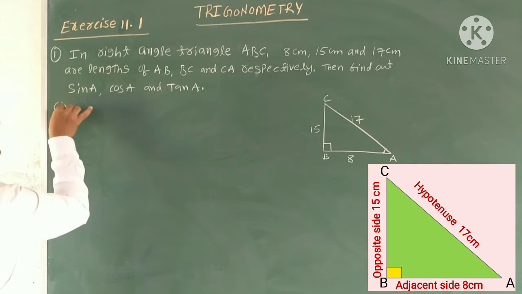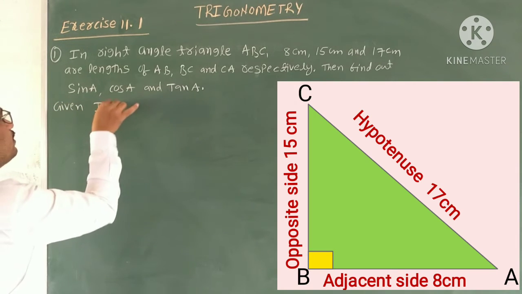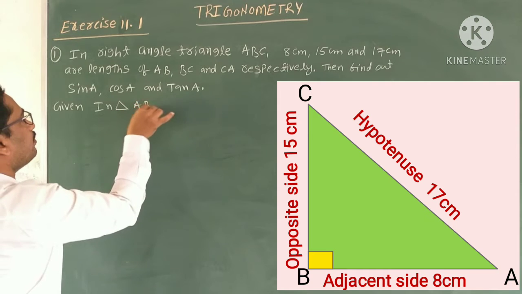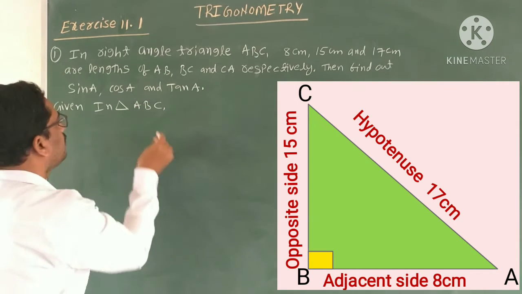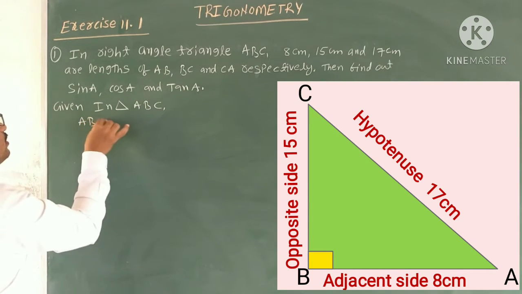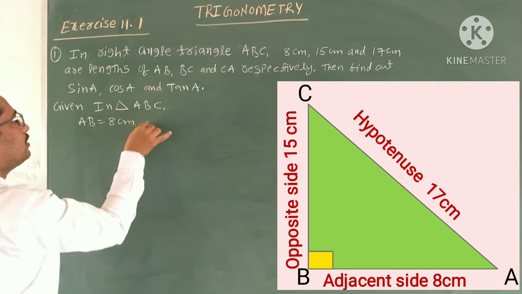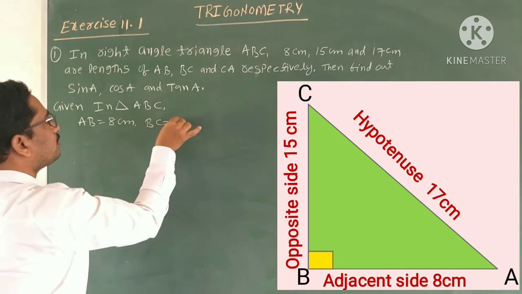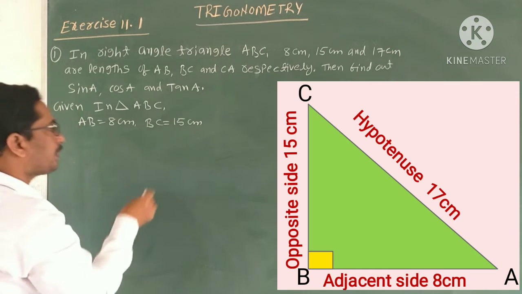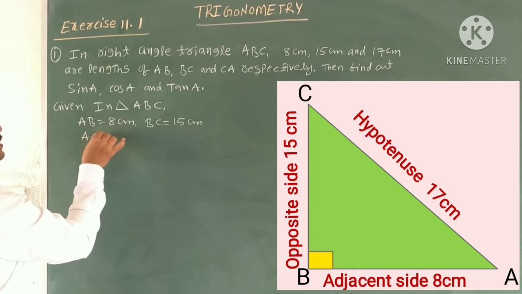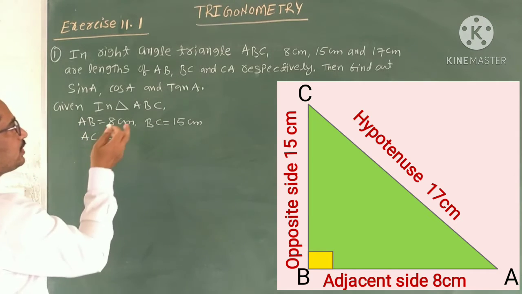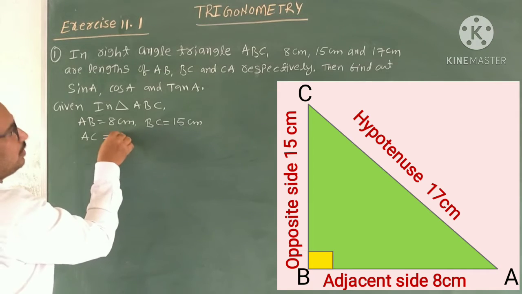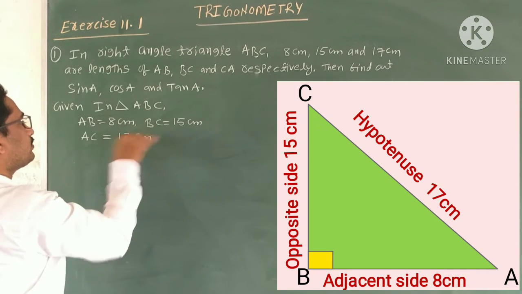Given in right angle triangle ABC, AB equal to 8 centimeters, BC equal to 15 centimeters. Next AC or CA, both are same, it is equal to 17 centimeters.